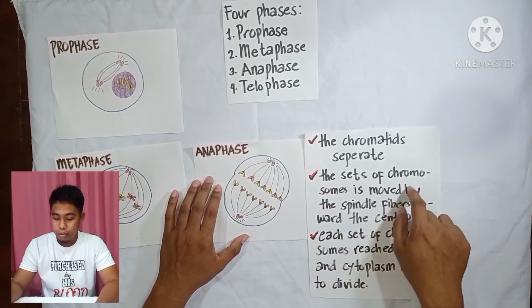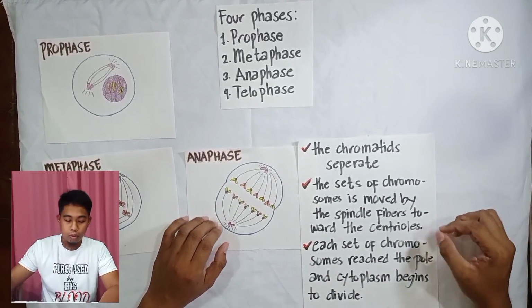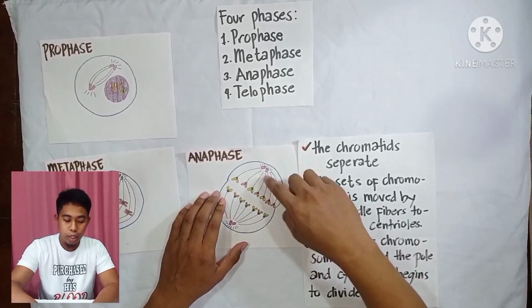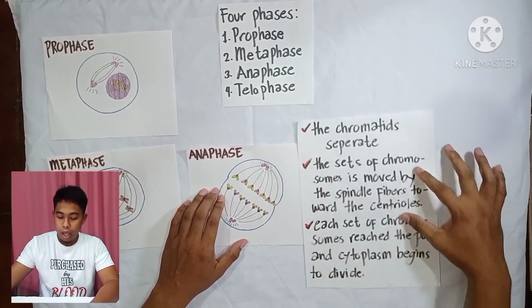The sets of chromosomes are moved by the spindle fibers towards the centrioles. The ones pulling the chromosomes are the spindle fibers from the centrioles.